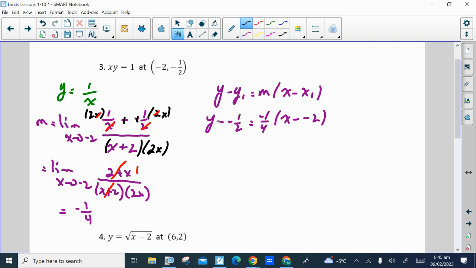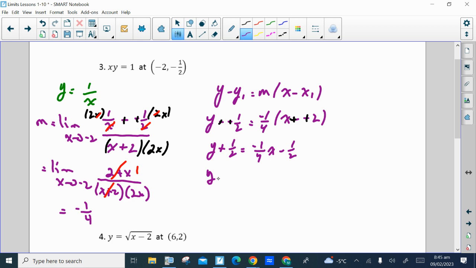Again, the minuses become plus, positive. So I'll get y plus 1/2 equaling -1/4 x minus 1/2 when you multiply the -1/4 by the +2.